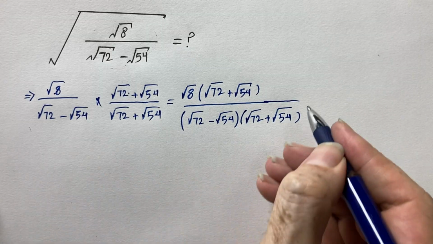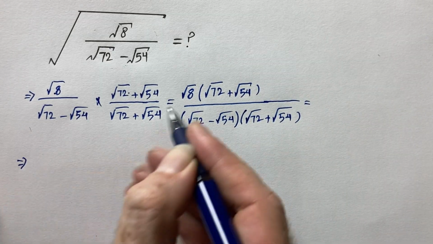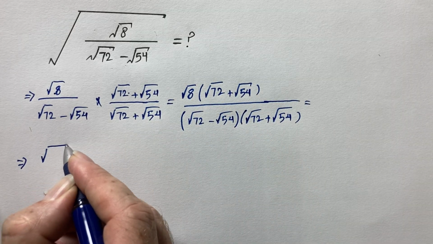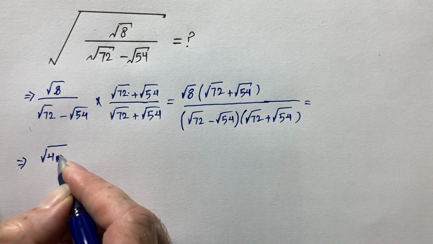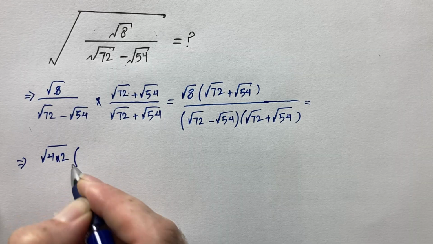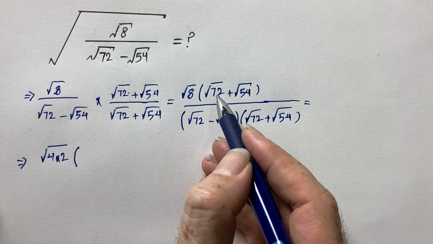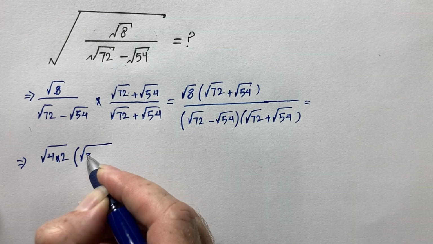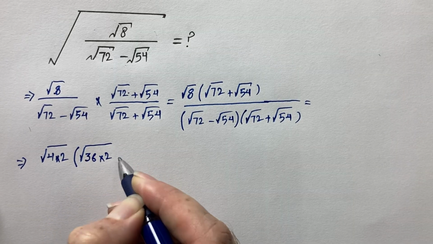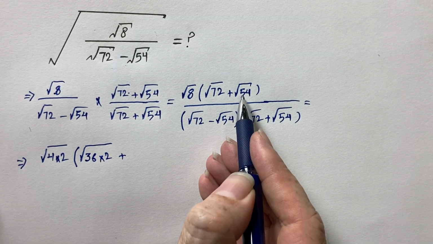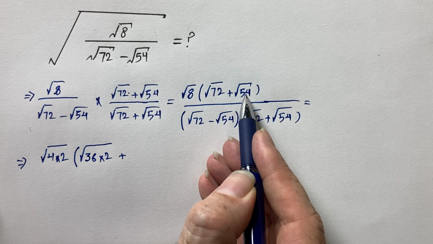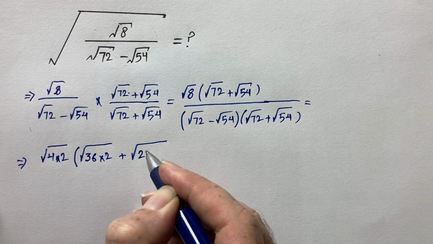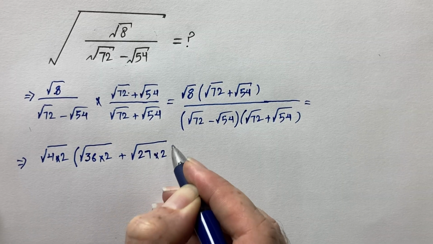Now, 8 can be written as a product of 4 and 2, so square root of 4 times 2. 72 can be written as a product of 36 and 2, so 36 times 2 plus. Next, 54 can be written as a product of 27 and 2, so 27 times 2, right?